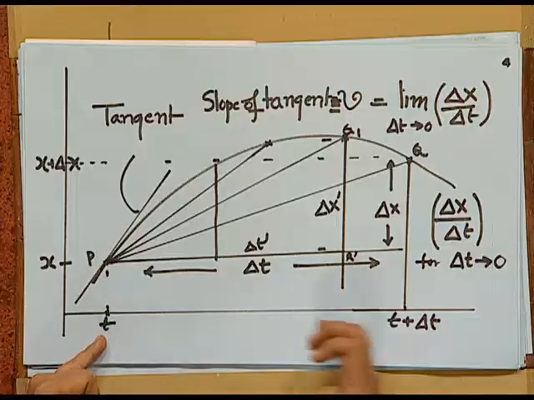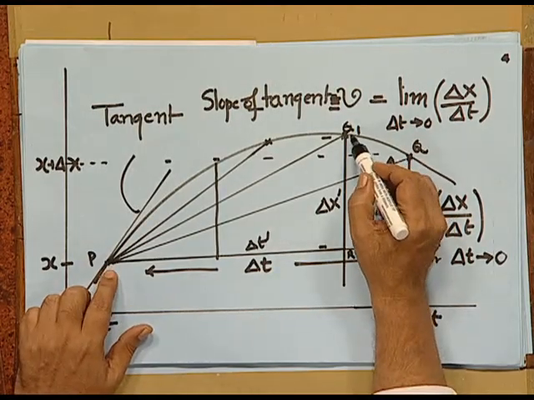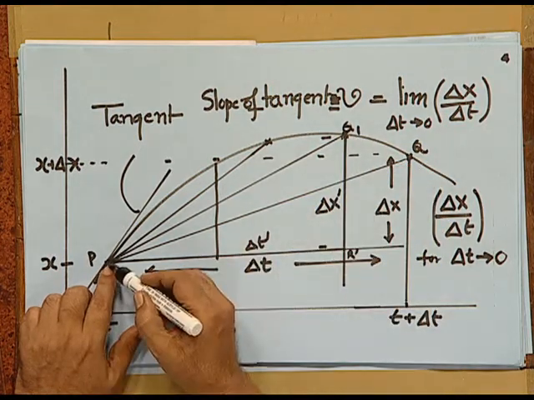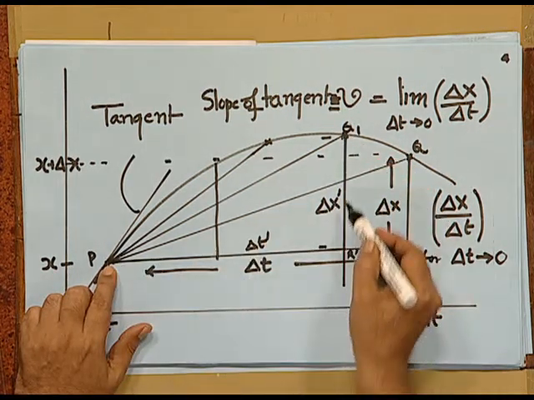Now, look what I am going to do is to reduce this time interval between t and t plus delta t. Consider an interval of time which is smaller than this. At that instant of time, the object is at Q dash. Join the line PQ dash and form the right angle triangle.